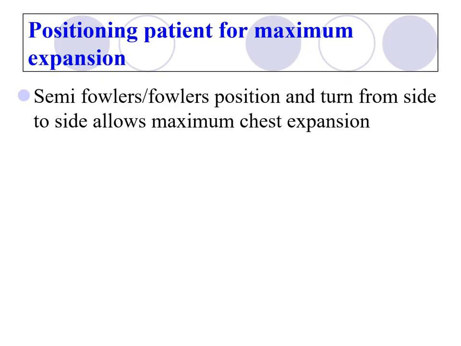Positioning the patient for maximum expansion: the semi-Fowler position and Fowler position, and turning from side to side will allow maximum chest expansion, especially when the client is bedridden. So in this case we have to change his position. By that we prevent stasis of fluid or secretion in their lung, and we help them to expel it out.